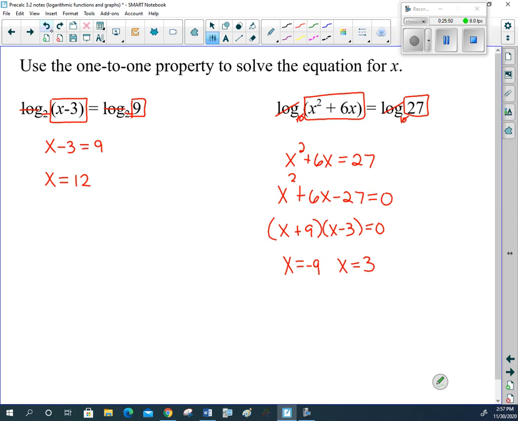So if you put negative 9 in here for x, negative 9 squared is 81. And then 6 times negative 9 is, sorry, I didn't mean to write 73. 9 times 6 is not 73. 9 times 6 is 54.